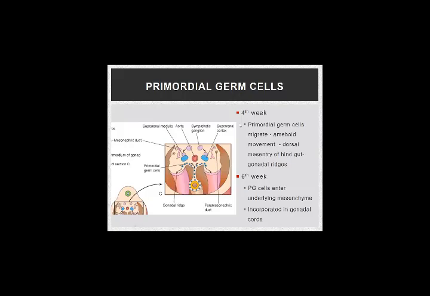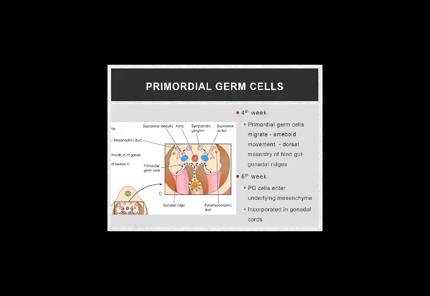Now what happens in the fourth week is, from the hindgut they travel into the dorsal mesentery of the hindgut, and from there they enter into the gonadal ridges.